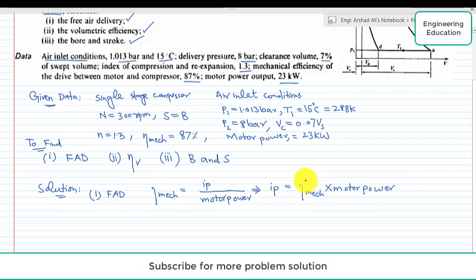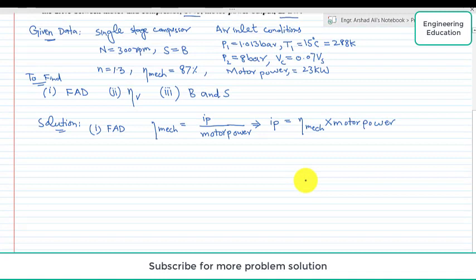We know both these values, so from this we will find indicated power. Putting the values, mechanical efficiency is 87%, while motor power is 23 kilowatt.